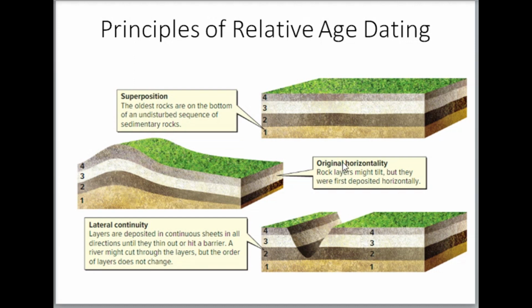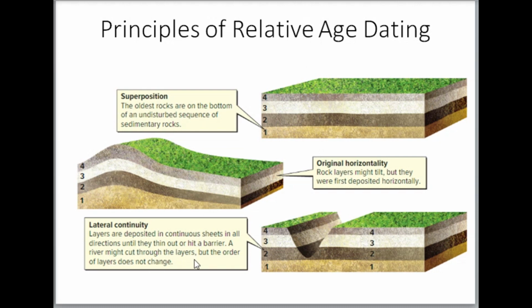The next one is original horizontality. This is saying that originally the layers were deposited one on top of the other horizontally, but then geologic events can occur which could cause tilting, but the idea is still that originally the whole thing was horizontal.